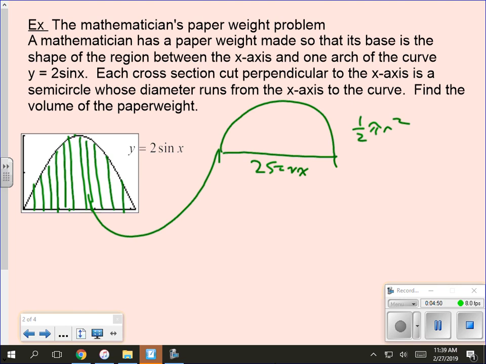Yes, because my diameter is 2 sine x, so my radius is sine x. That means my area would be 1/2 pi sine x squared.